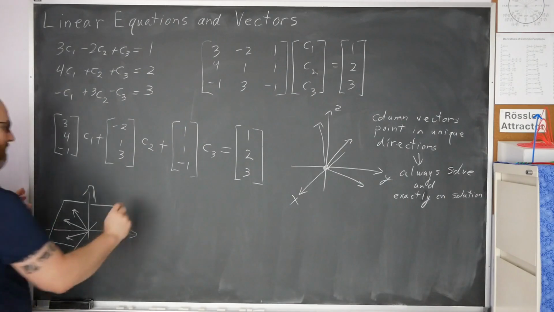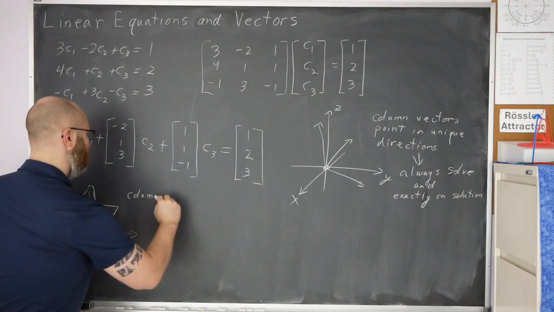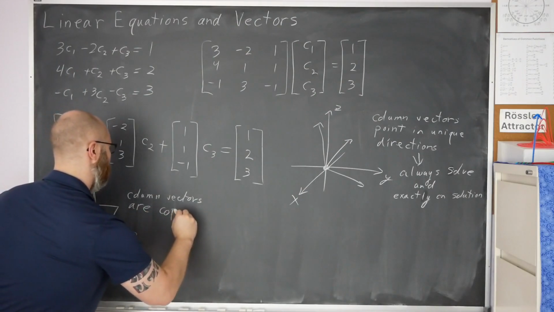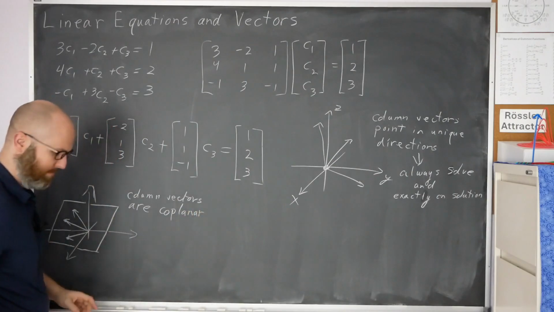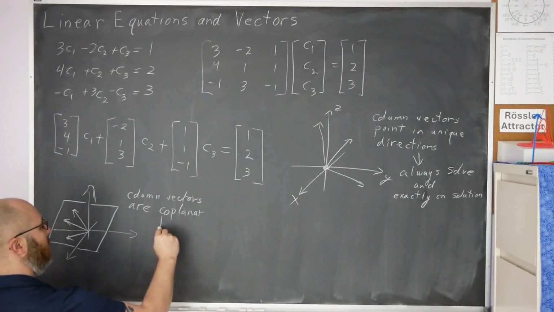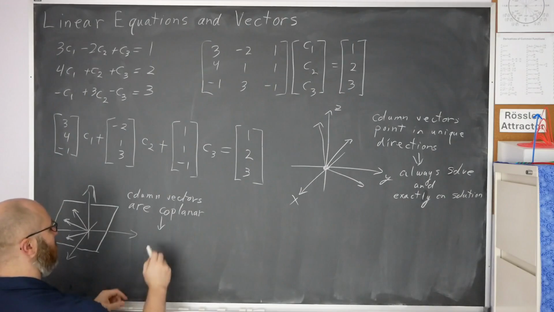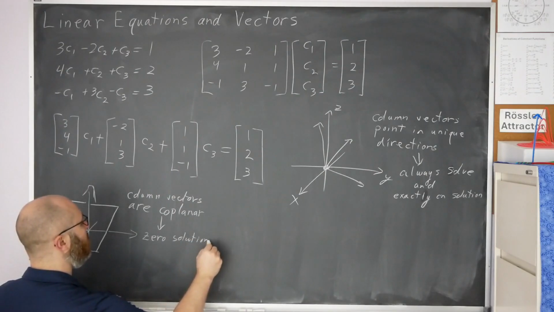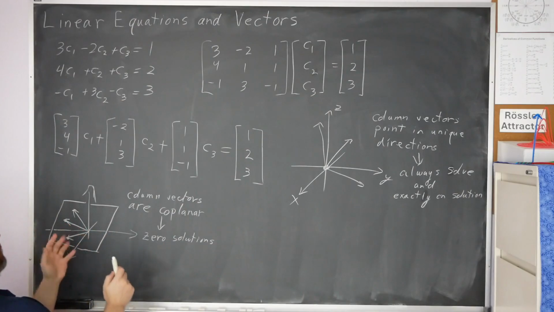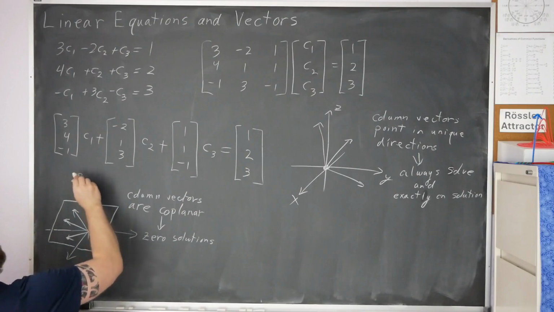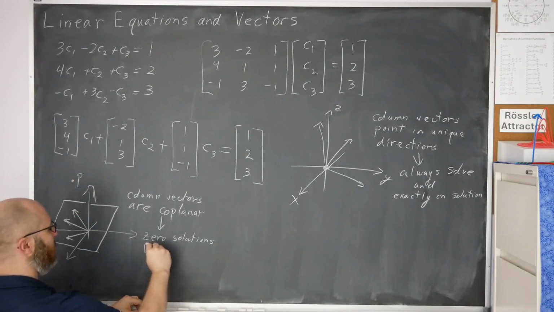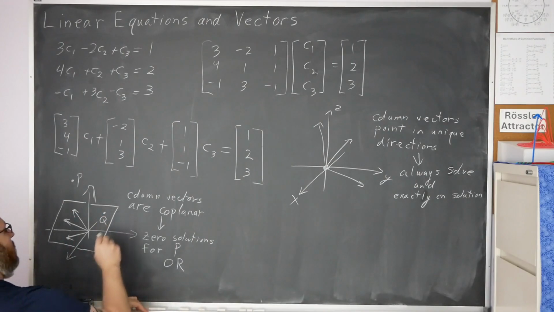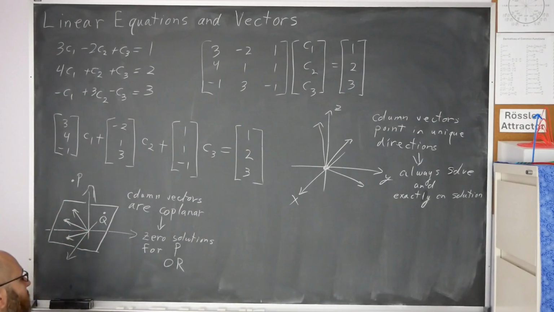If they're all coplanar, then you either have zero solutions, meaning the point that you're trying to solve for, so I'll do here, point P, is outside of the plane, zero solutions for point P, or let's say we have point Q inside the plane, you actually have an infinite number of solutions.